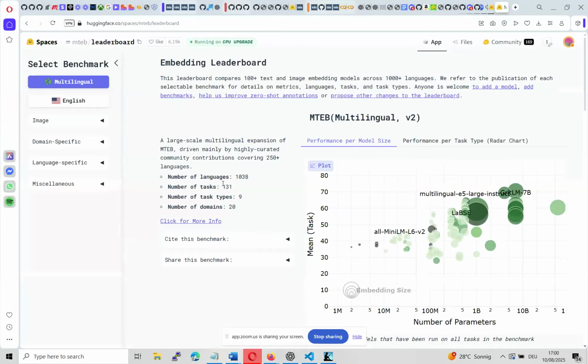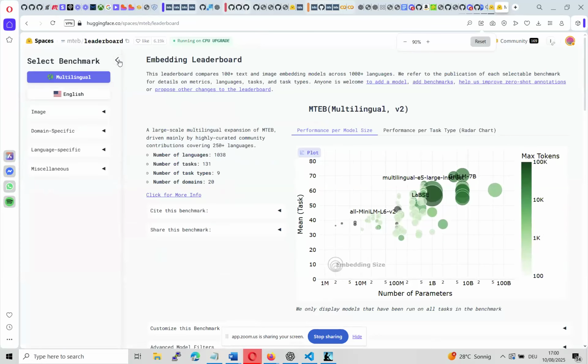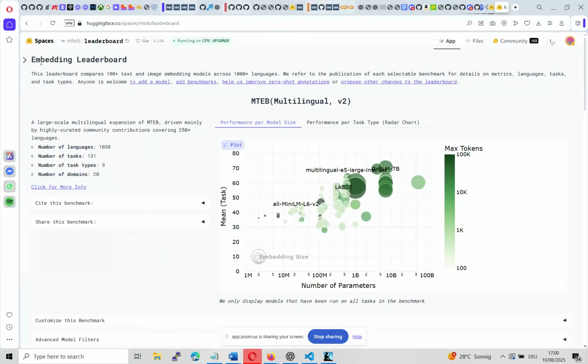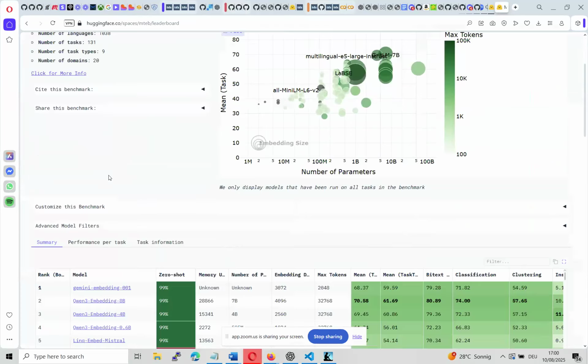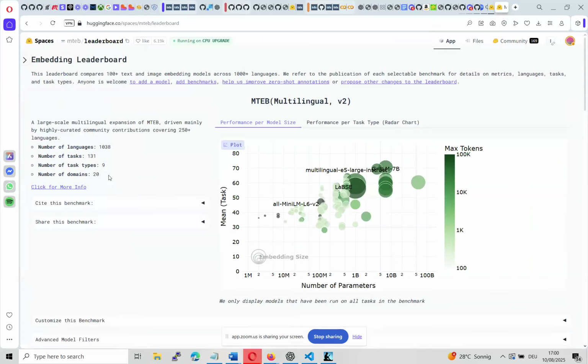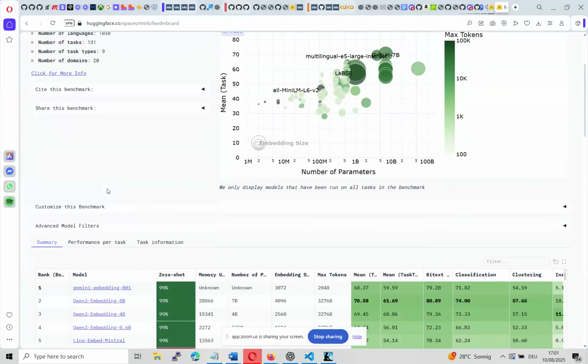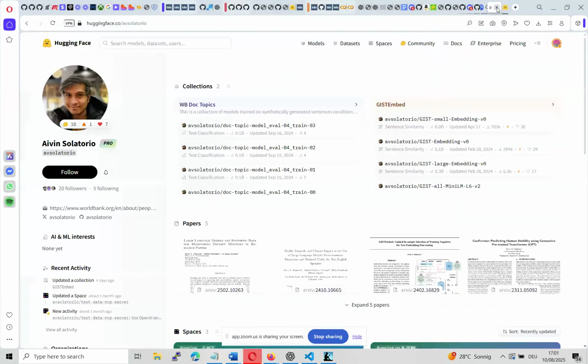Can you see now the benchmark? Yes. Can you see the benchmark from Hugging Face? I shared the Hugging Face right now. Hello, hello. Yes. I can see that.